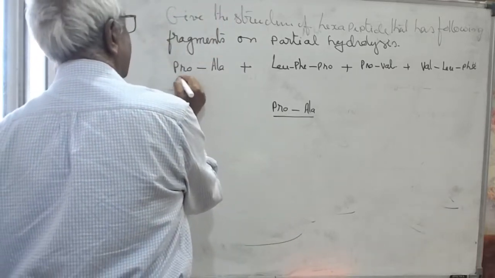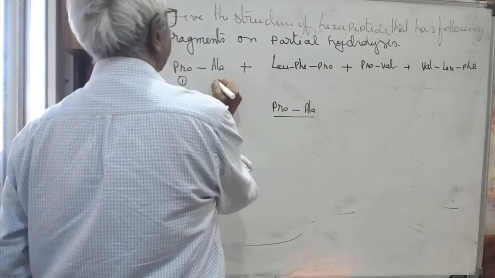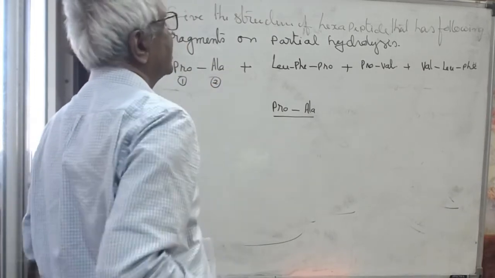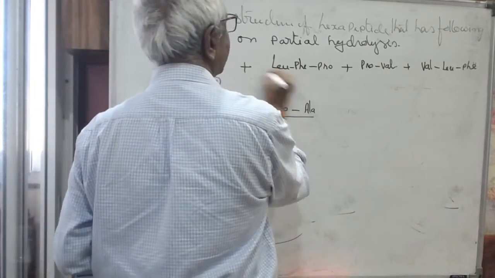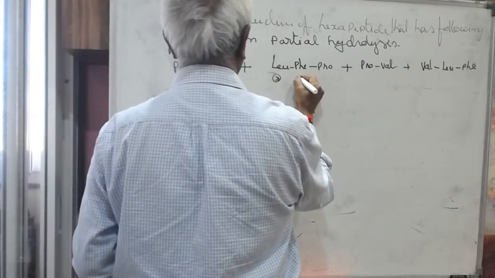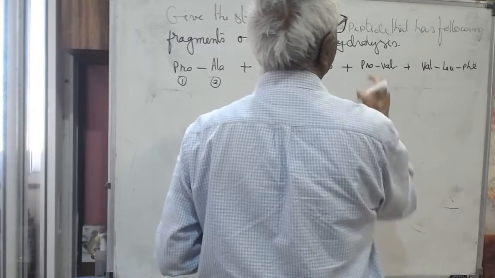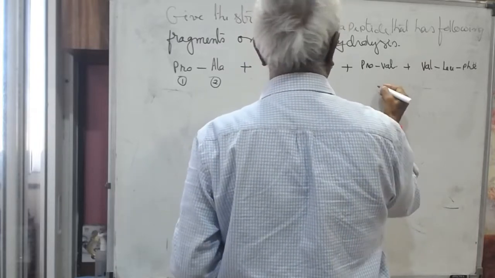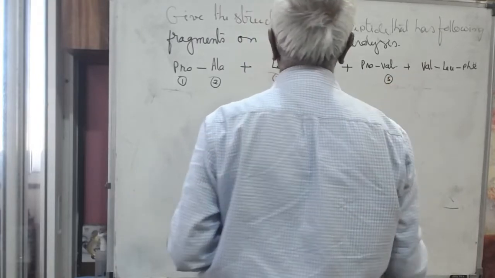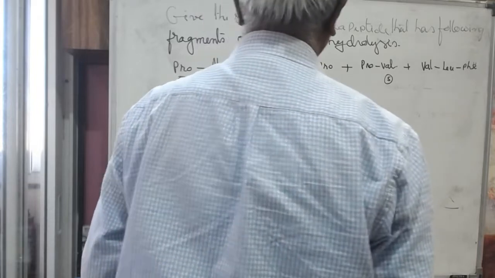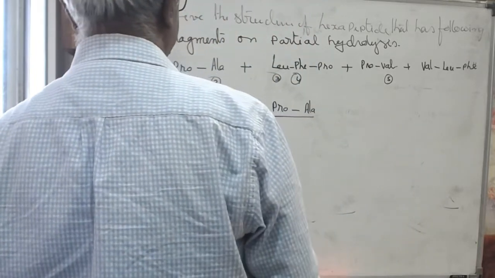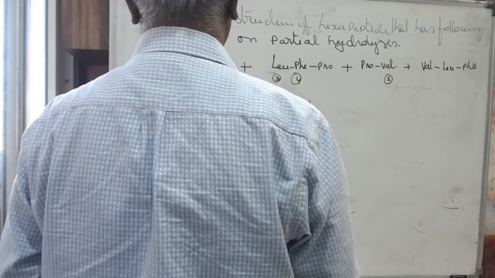Let us see, a PRO is there, an ALA is there, LEU 3 is there, phenylalanine 4 is there, PRO either has come, and 5. It is a hexapeptide.